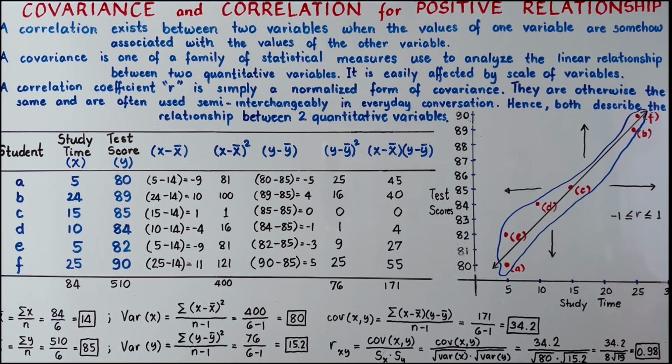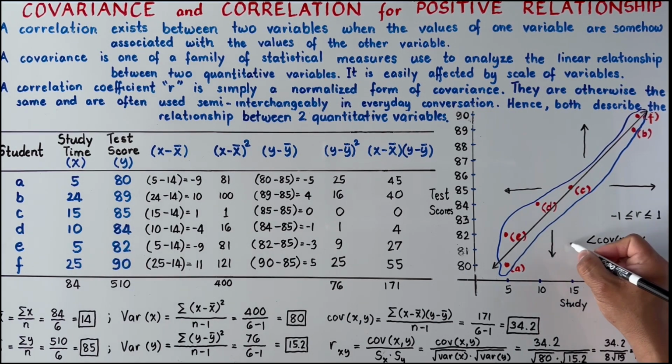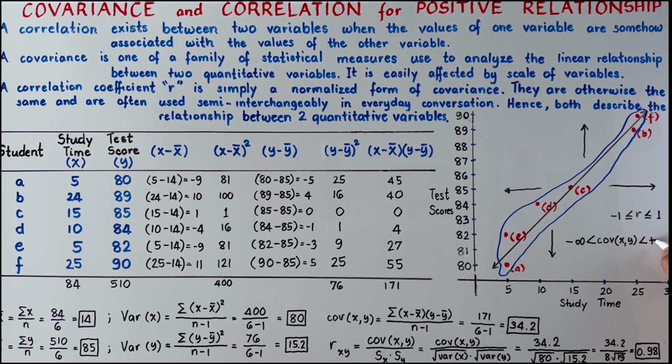So the closer the value is to -1 or 1, the stronger the relationship. But the closer the value is to 0, the weaker the relationship. However, the covariance of the two variables x and y ranges from -infinity to positive infinity. Therefore, it will not give you an idea of the strength of the relationship, only the R value. But since our covariance is positive, it tells you that the relationship is positive.